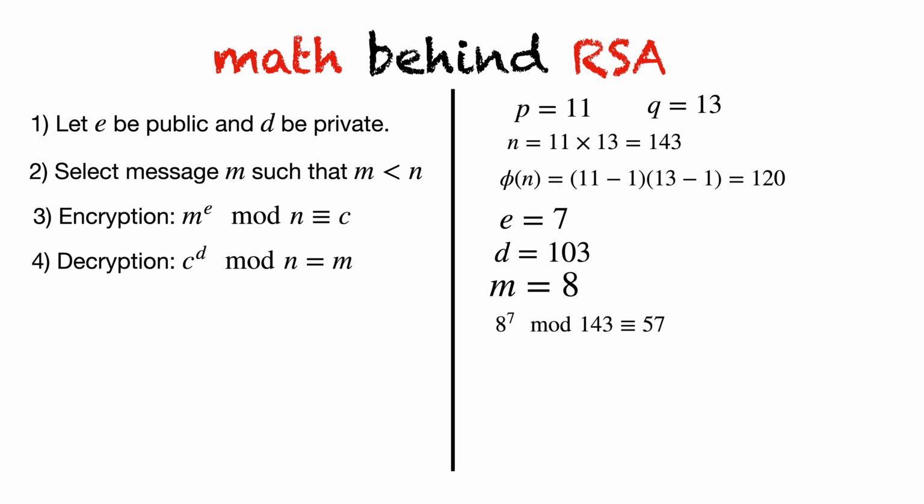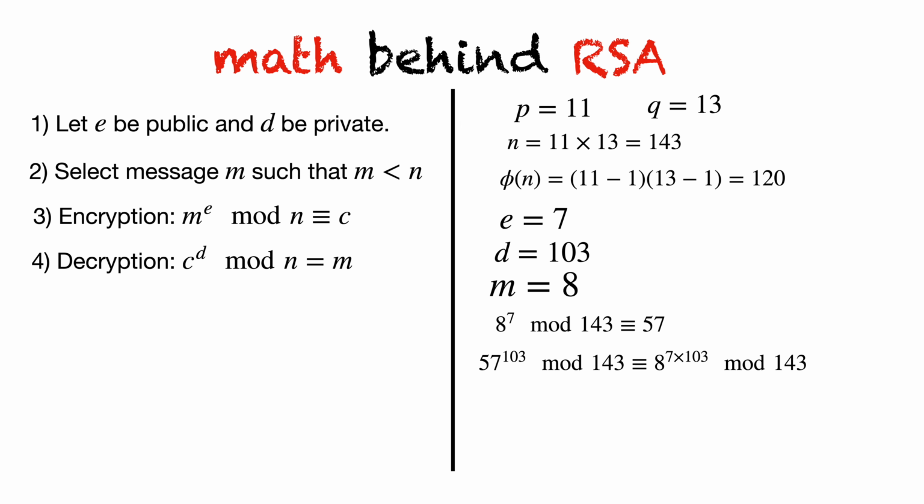Now for the decryption, the message is sent to the receiver, and as the private key is only with him, he has the value d. So he computes c to the power d mod n and gets the message m back. So in this way, he has decrypted the message.